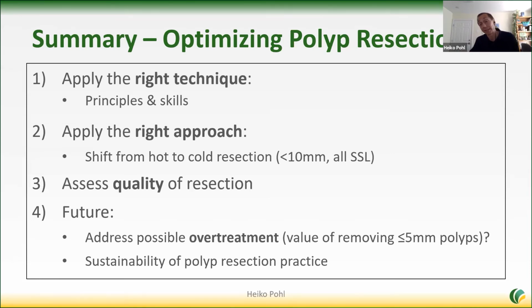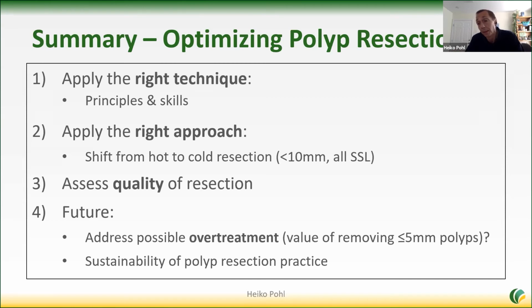And we can talk about electrocautery settings, but this is going to get too far, I think. Future studies have to understand the limitations of cold snare resection. It's very clear that cold snare resection is safer, but we don't know for what polyps it's also at least as effective as hot snare resection.